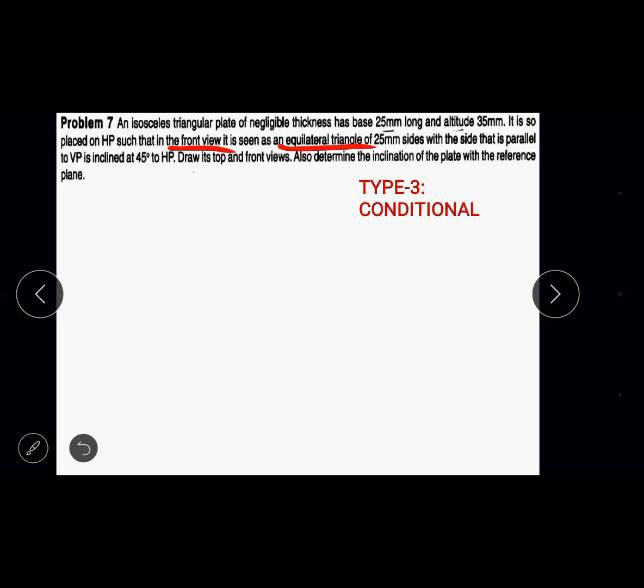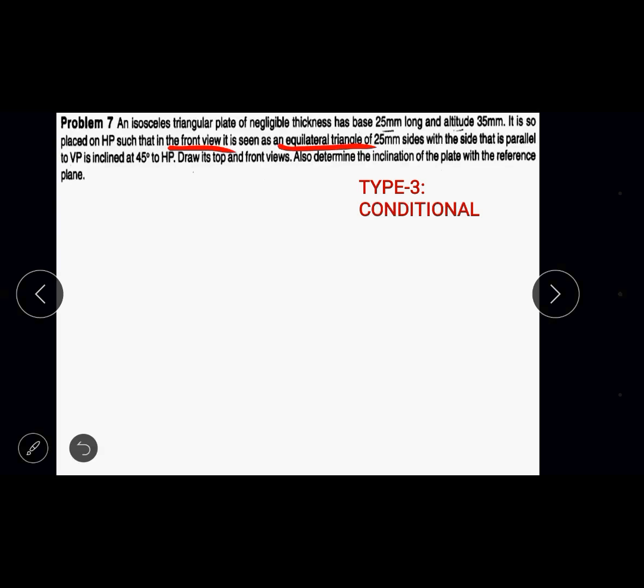In VP resting you get either a regular lamina or an irregular lamina in the front view. In this problem, the regular lamina is the isosceles triangle and the irregular lamina is in the form of an equilateral triangle.